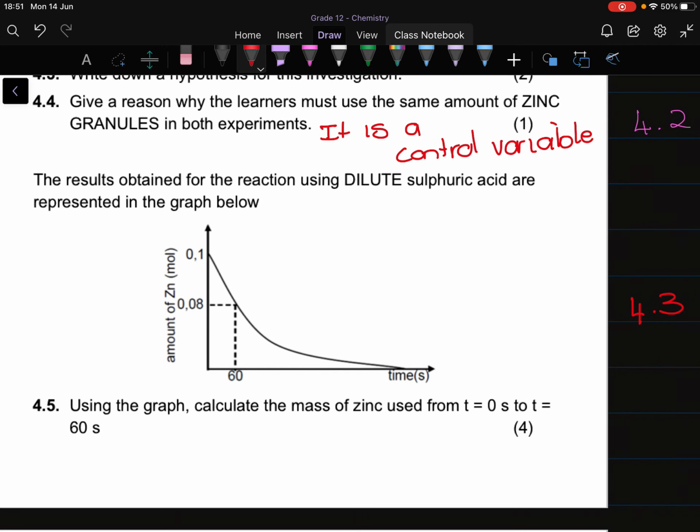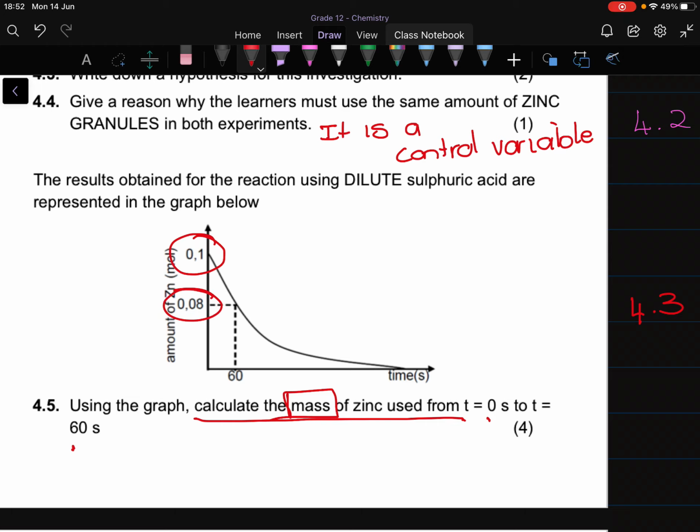Great. Now we get the fun part of these, and that's the calculation. So the results obtained for the reaction using dilute sulfuric acid are represented in the graph below. Using the graph, calculate the mass of zinc used from 0 seconds to 60 seconds. Look here. At 0 seconds, we had 0.1 moles of zinc. At 60 seconds, we have 0.08 moles. They want mass.